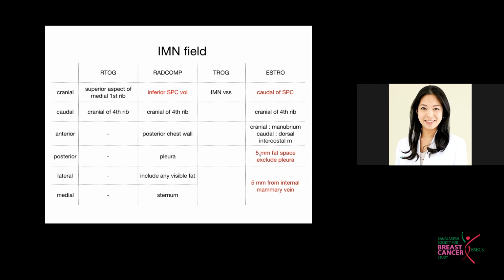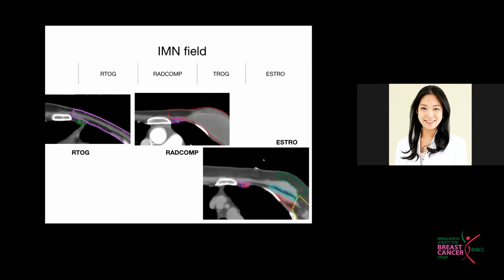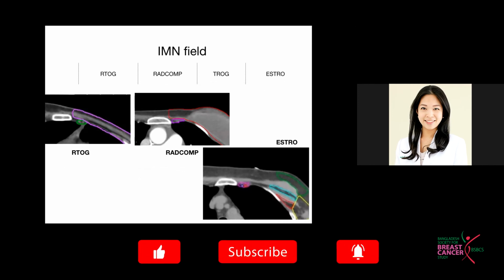The other difference is that ASTRO has a 5 millimeter extension from the vessels and includes all the fat space. RTOG includes only the vessels, and RADCOMP extends to draw all this fat space, and ASTRO as well.